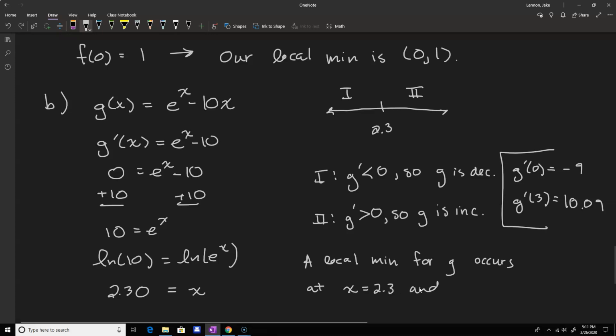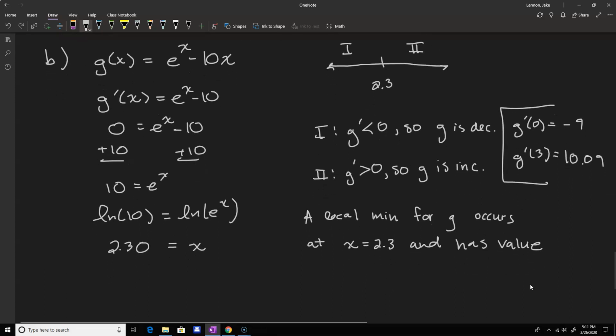And if we say "and has value," that means we're trying to plug the x value into the original function to figure out what the corresponding y value is. So g of 2.3, if you plug that into the original function e to the x minus 10x, let's use our calculator to figure out what that is. So e to the 2.3 minus 10 times 2.3 comes out to negative 13.03 if you round to 2 decimal places.